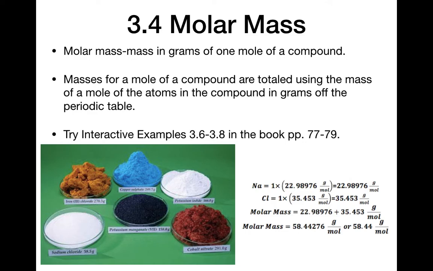So, for instance, if you have sodium chloride, you would add the mass of a mole of sodium plus the mass of a mole of chlorine to get the mass of a mole of NaCl. If you have something that has subscripts, you have to multiply by those subscripts. So as we go along through this lesson, make sure you're practicing with the examples in the book.